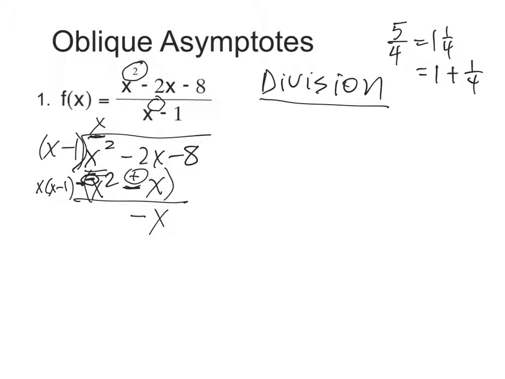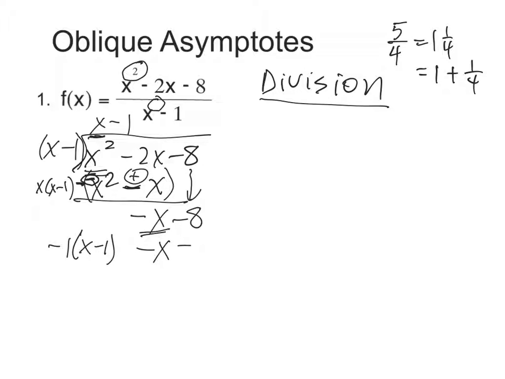Okay. Then next step would be what? Okay, bring down the negative 8 and do it one more time. What times the x minus 1 will give us at least the negative x? So we'll multiply by negative 1. Negative 1 times x minus 1.